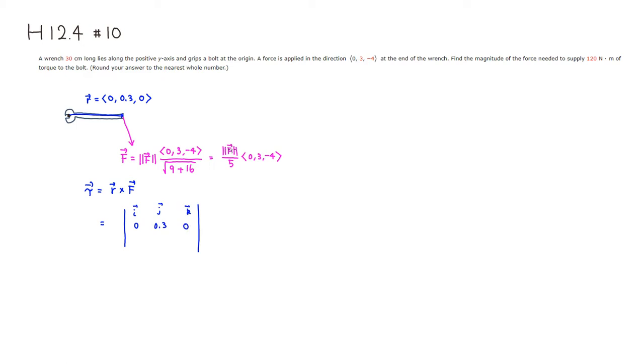And here, magnitude of F over 5 is just a number, so I'm going to put it outside.